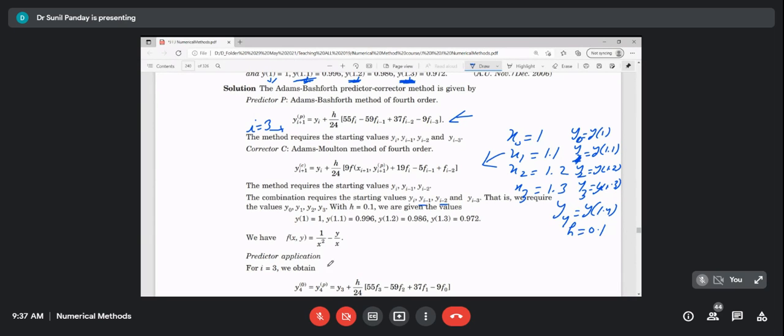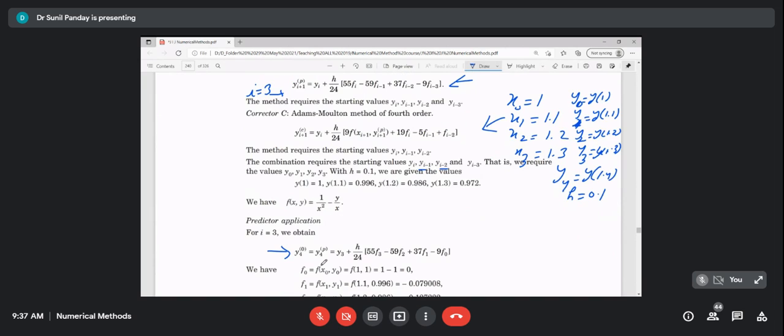So the y4 predictor is this one: y3, because you have substituted i equal to 3, plus terms with f3, f2, f1, f naught. And what is f3? f3 is f of x3, y3.